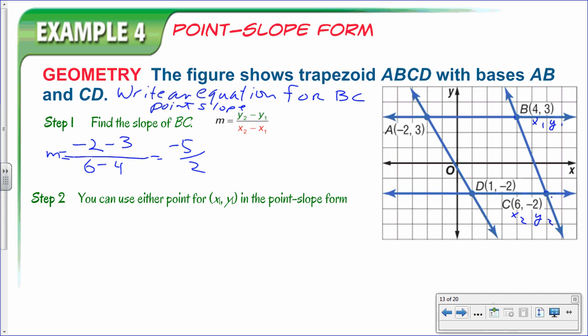Now, can I just plug it into point slope form now? Yeah, because I got at least one point. Can I use the other point? I could because they're both on the same line, right? Okay, so I'm gonna go ahead and use this one since I've already labeled it.